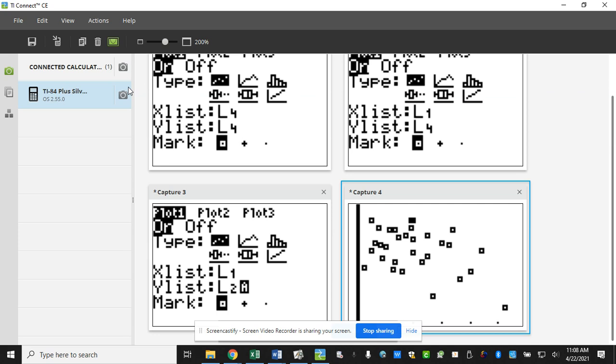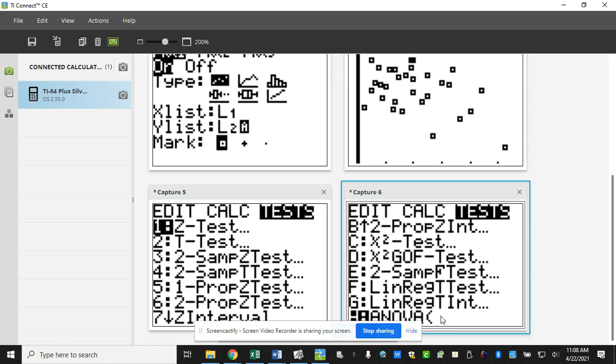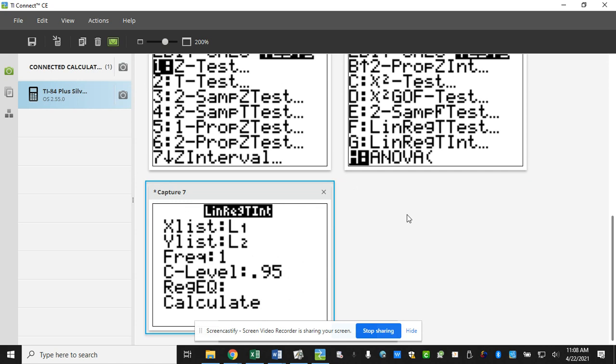So go to stat tests. And so now the only thing we're going to change is what? We're going to go to interval instead of tests. We're going to G. So the only thing you would need to know is what? Confidence level. Let's just do it at 95.